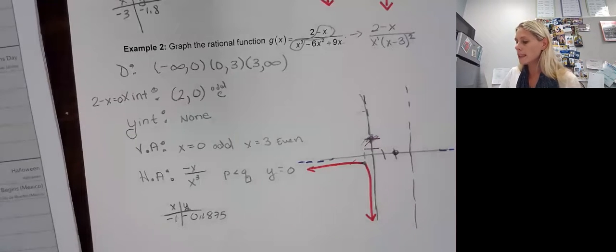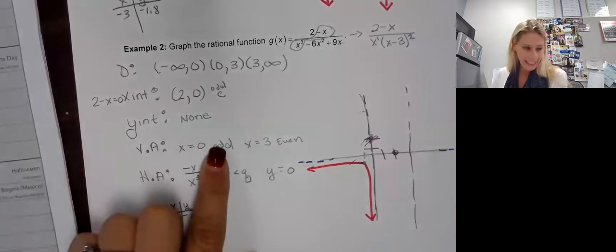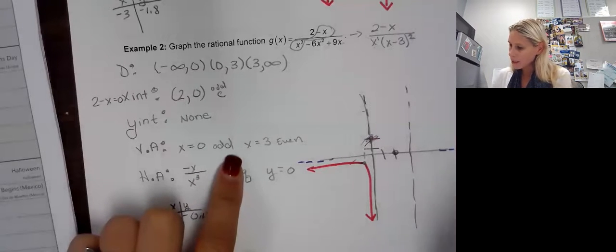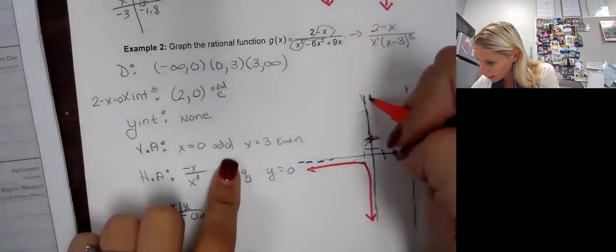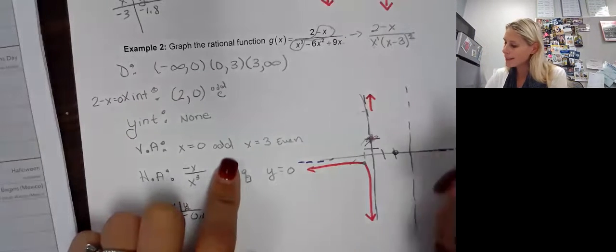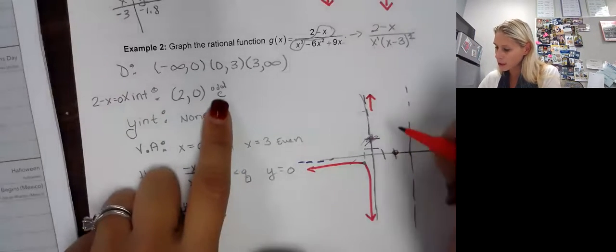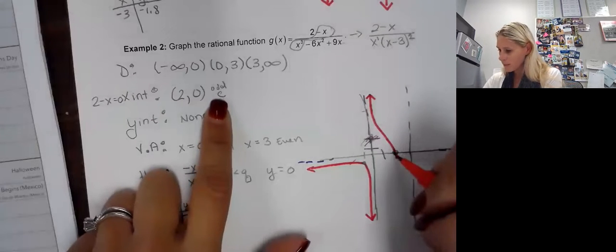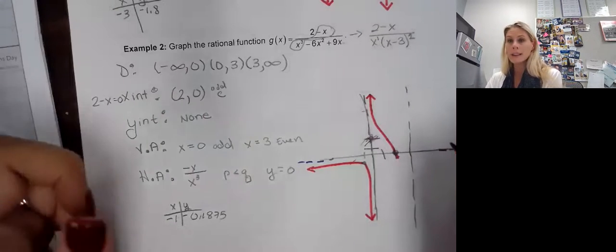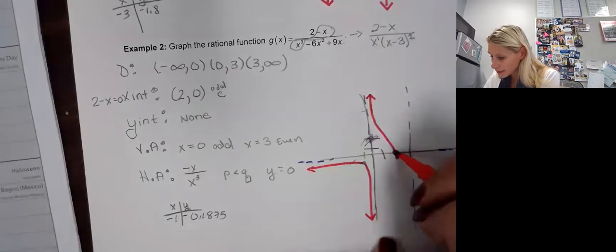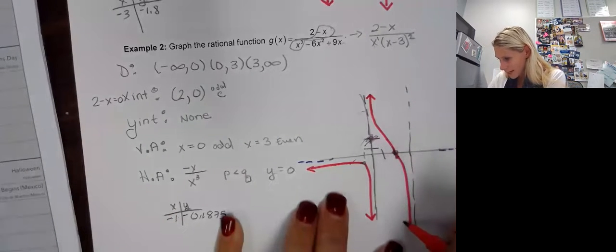Now, because 0 is an odd, it has to start over here, okay? And we know at this x-intercept, it has to cross. I'm going to cross. Now, I can't go back up, just like from the one I just did, because there's no x-intercept, so this must come all the way down.